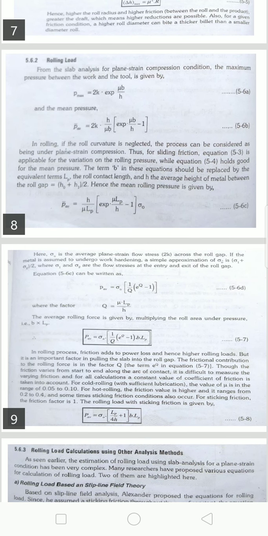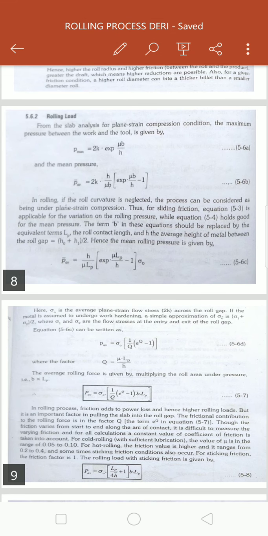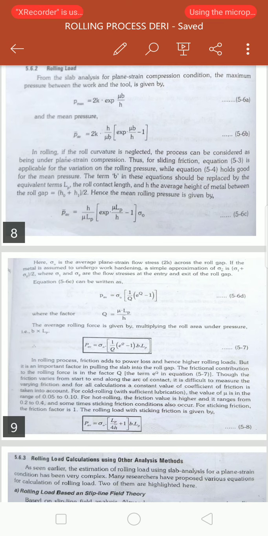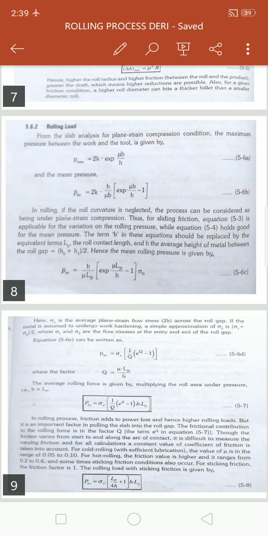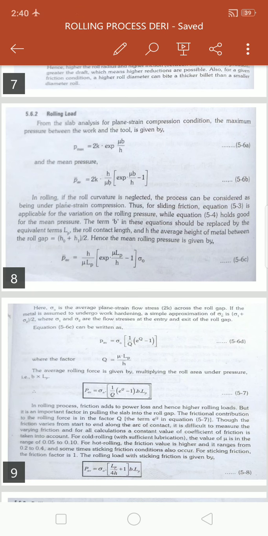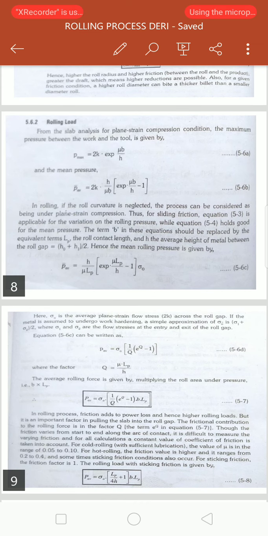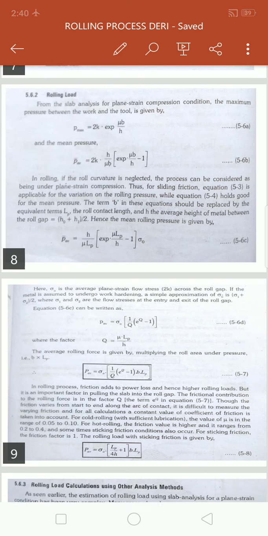If the metal is assumed to undergo work hardening, for a simple approximation sigma naught is (sigma 1 plus sigma 2) by 2, where sigma 1 and sigma 2 are the flow stresses at the entry and exit of the roll. Equation 5.6 can be rewritten as P average is equal to sigma naught into 1 by Q into e power Q minus 1. That is equation 5.6d.